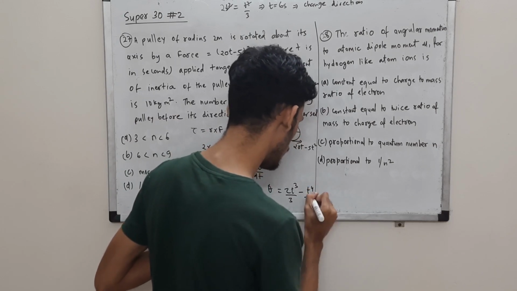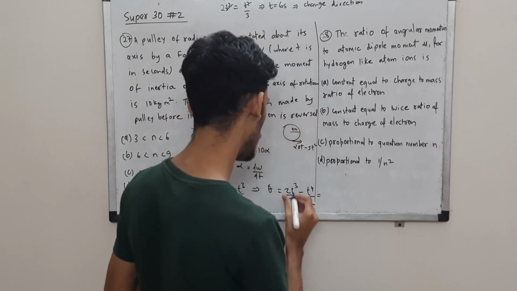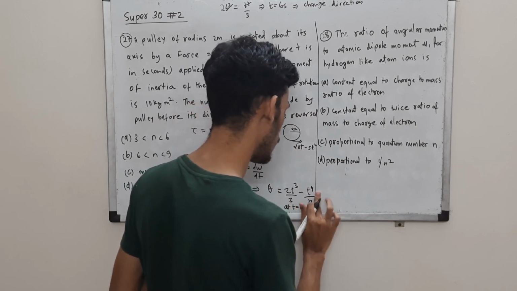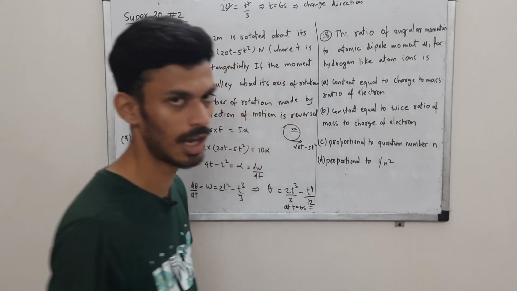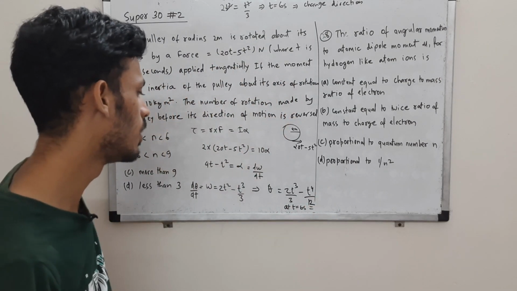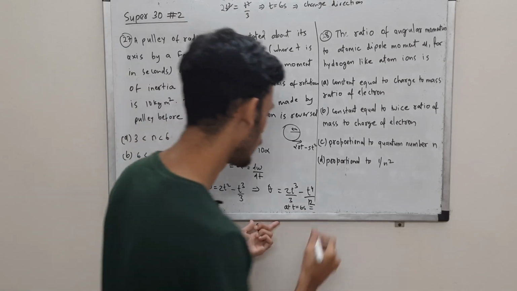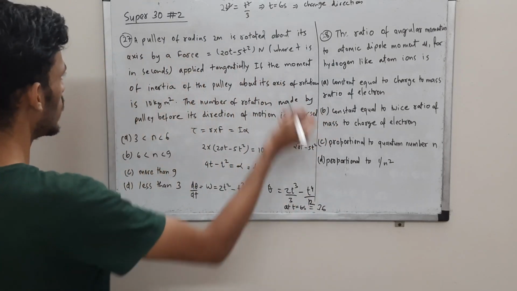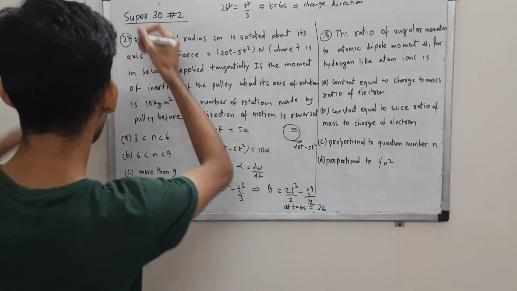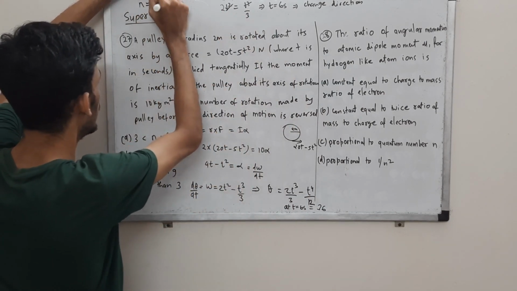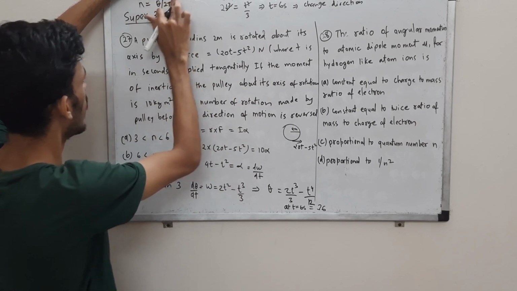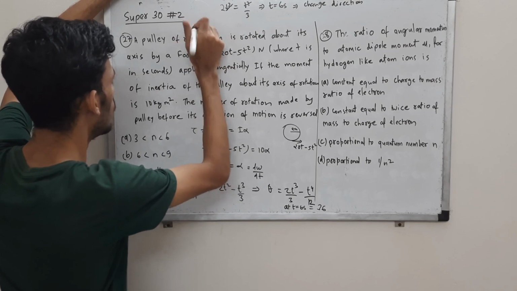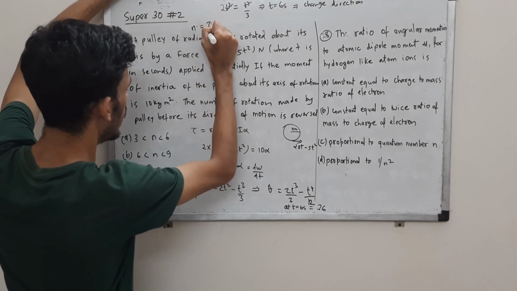If you substitute t is equal to 6, because that is the time we want to find the angle, that is the amount of angle it has covered. At t is equal to 6, it will give you 36. So your number of rotations will be n is equal to theta by 2 pi.